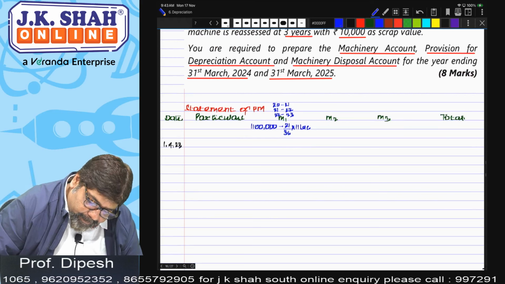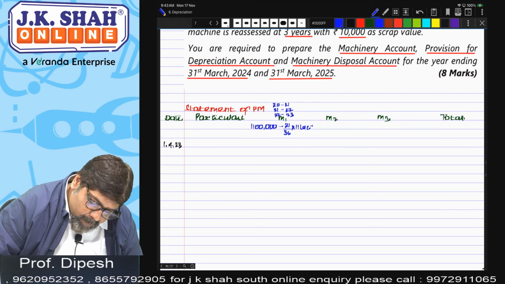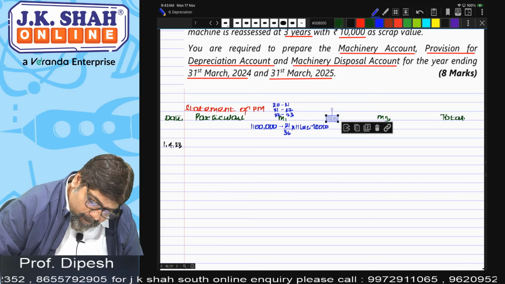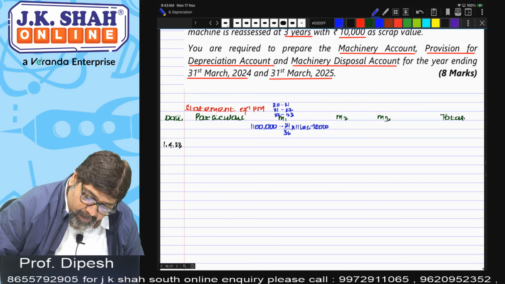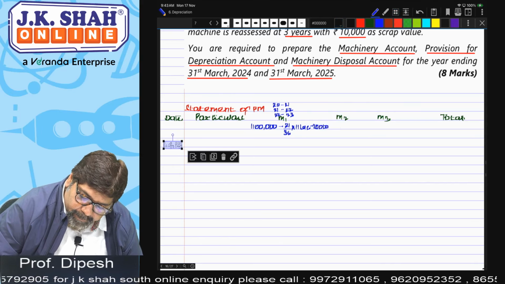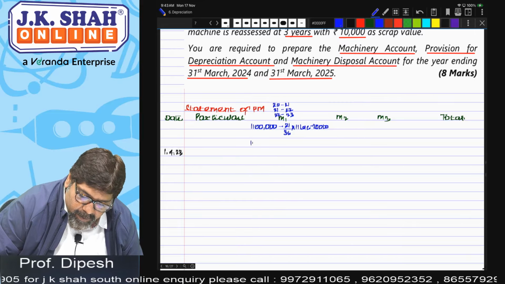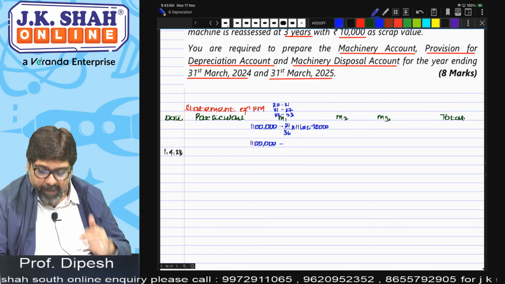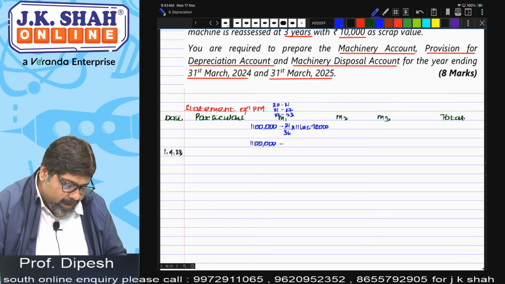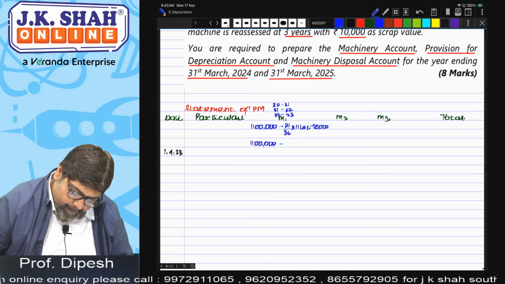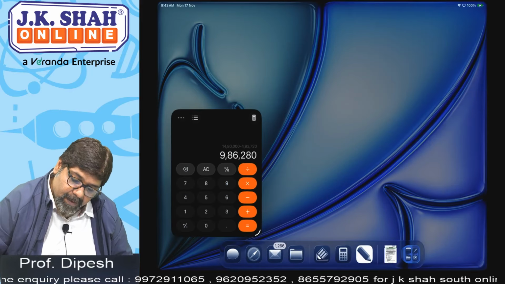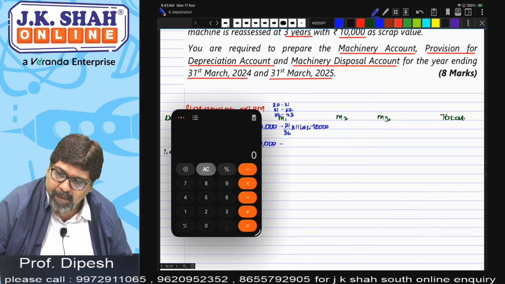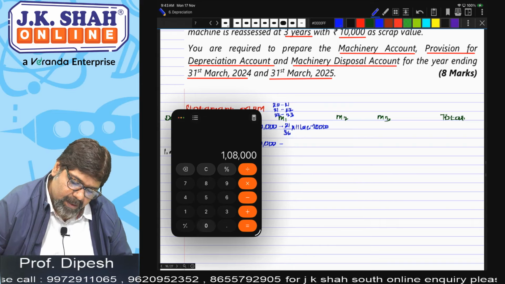Minus 20,000. Now, its value will become 11 lakhs minus how much depreciation? Tell me the amount of depreciation. 10 lakh 80, 10,80,000.